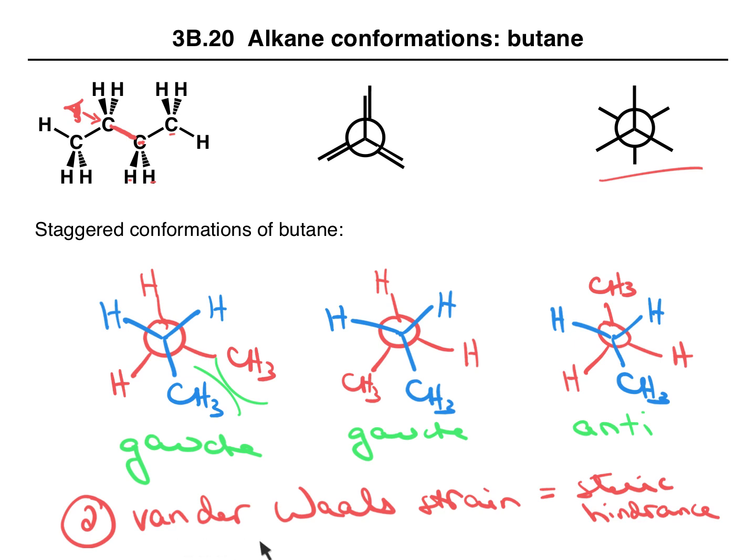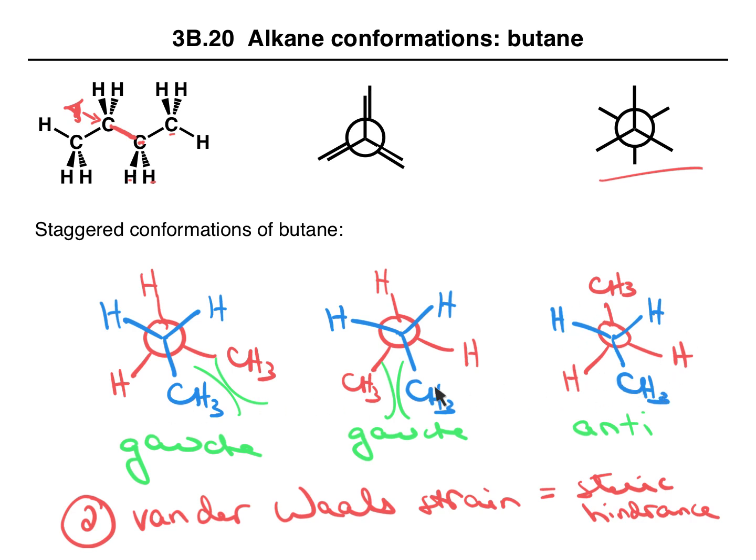There is a van der Waals radius of every atom, and if another atom gets within that van der Waals radius, then there's a little bit of van der Waals strain. So when you have methyl groups gauche to each other, you have some van der Waals strain. So here we have van der Waals strain. Here we have van der Waals strain. Here we have no van der Waals strain.